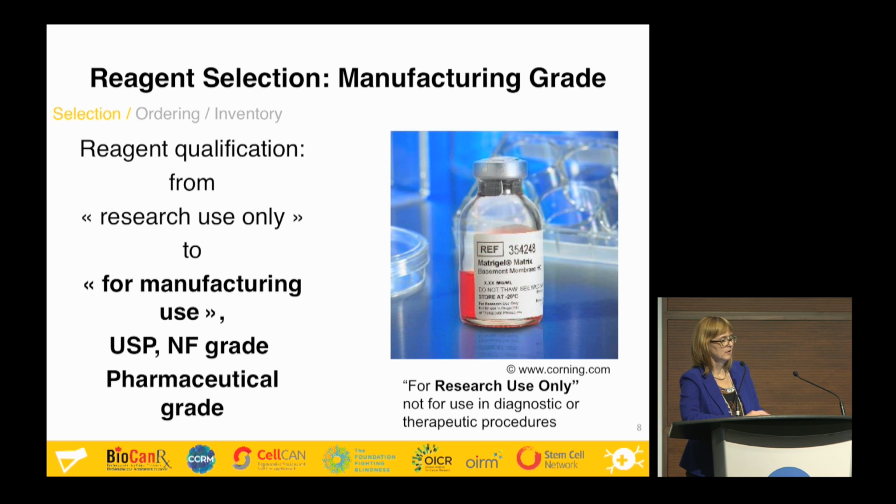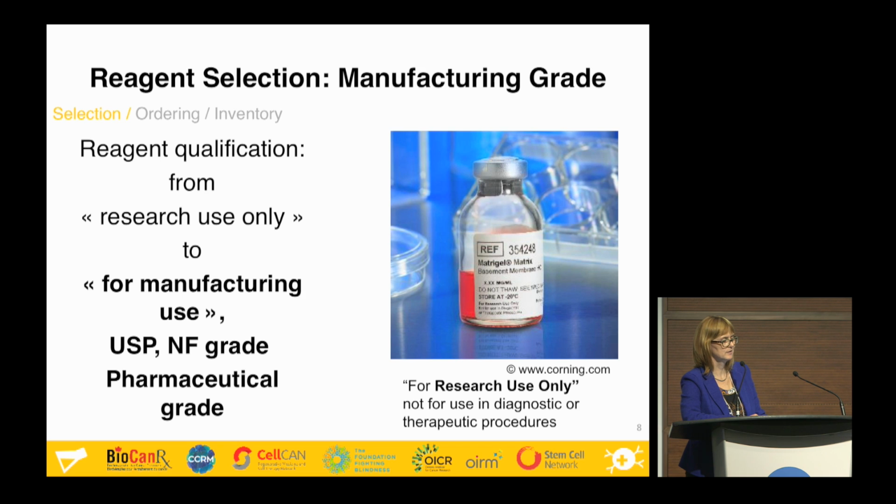This can be done through pharmaceutical grade products. It's like if you use a drug that is available in the pharmacy for a treatment in humans, you can use it in your production process and you can declare it in your application to Health Canada that you use a safe drug in your manufacturing process. Or you can have USP grade.